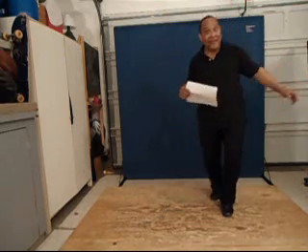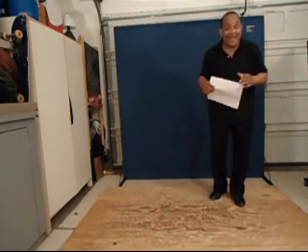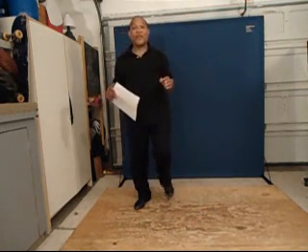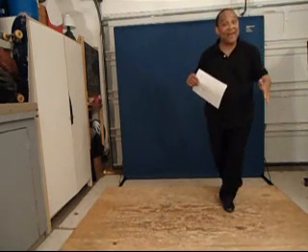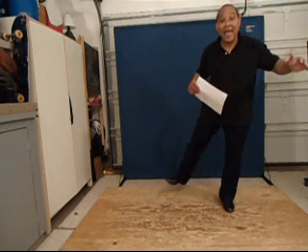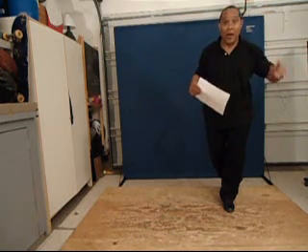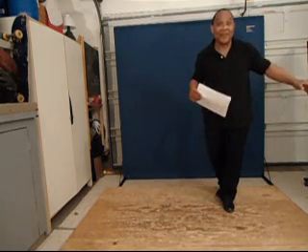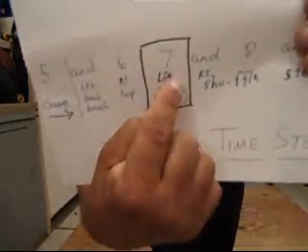1 and 2 and 3 and 4 and 5 and 6 and a 7 and 8 and a 7. So you have 1, start over, 1 and 2 and 3 and 4 and 5 and 6, 7, or and 7, or and a 7. Okay, that all happens right here, right there on that 7th count.